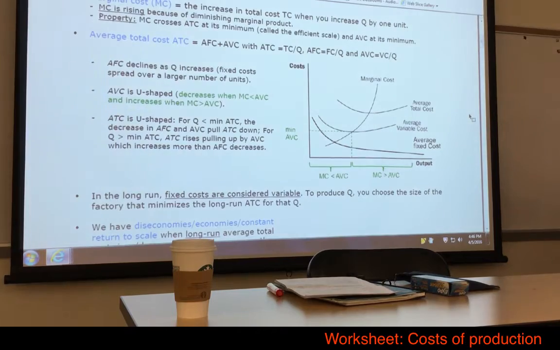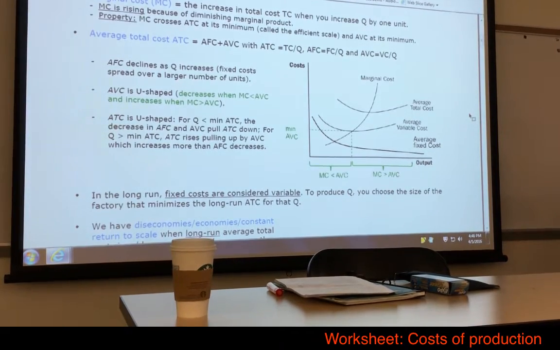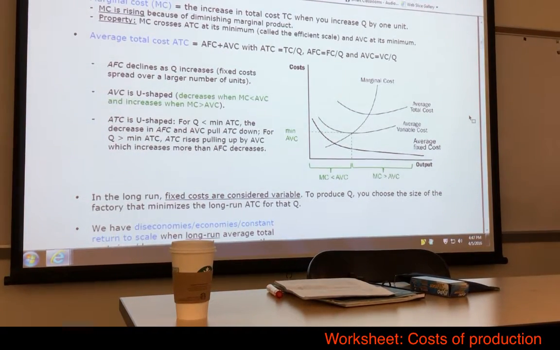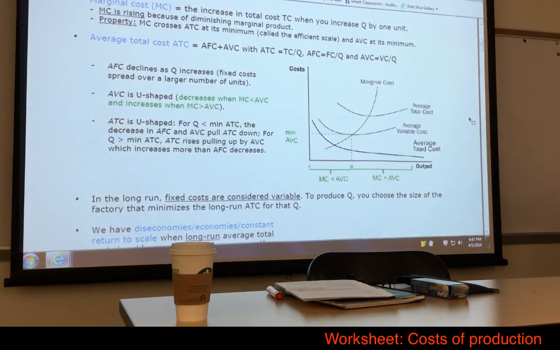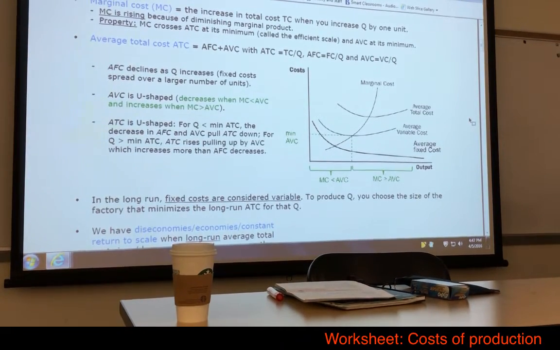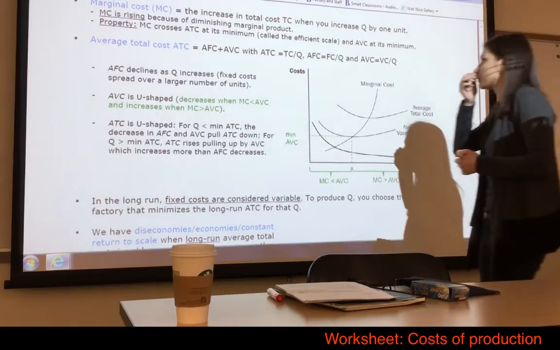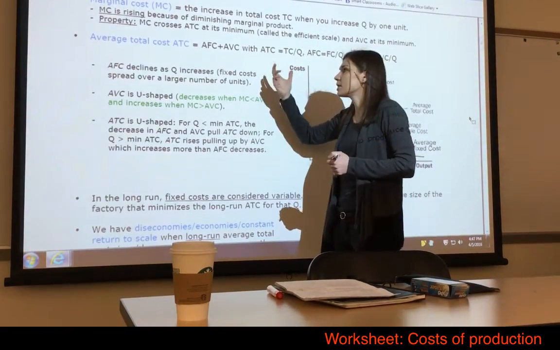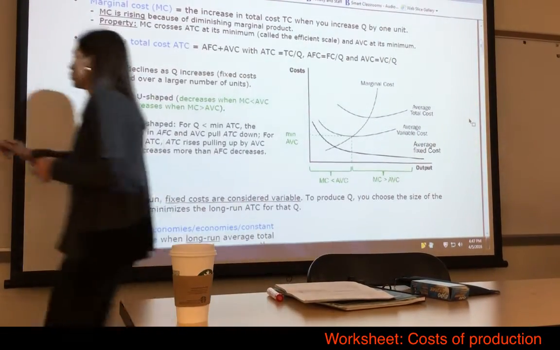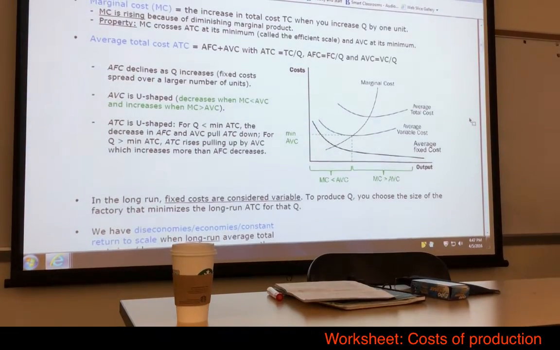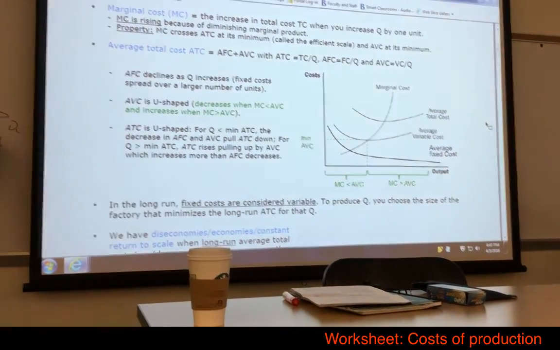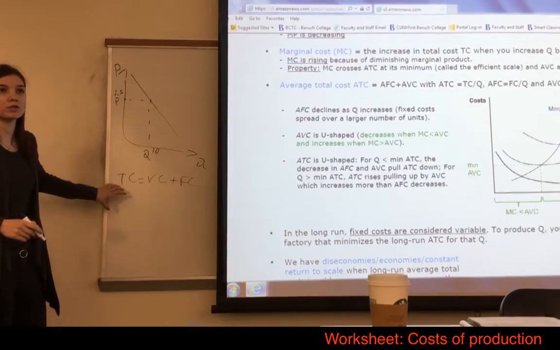For average total cost there are two different equations. Sorry? Average total cost is two different equations. In the sense of, what do you mean? Well, it's the same thing, right? We know the total cost is the sum of variable cost and fixed cost. Okay, so that's an equation that holds true.